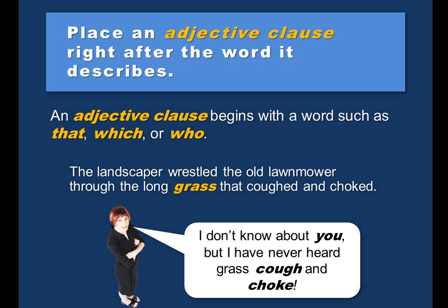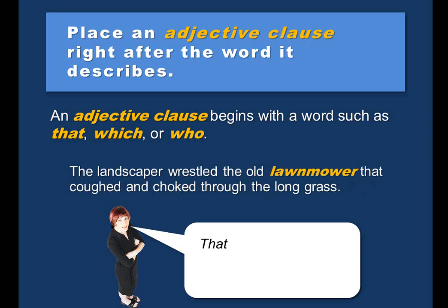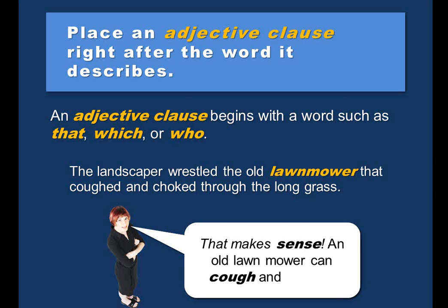So was it the grass that was cuffing and choking? No, that refers to the mower and not to the grass. So we've placed the adjective clause, that is that, after the noun that it is modifying. As you can notice, the landscaper wrestled the old lawnmower that cuffed and choked.